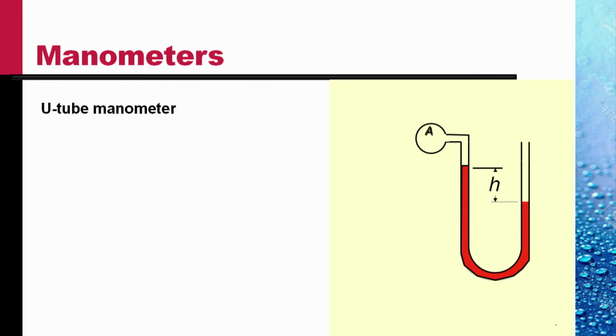In the picture shown, we have a bulb A which contains a gas, and then a liquid column shown in red in a tube. The difference in the level in the two limbs is h.